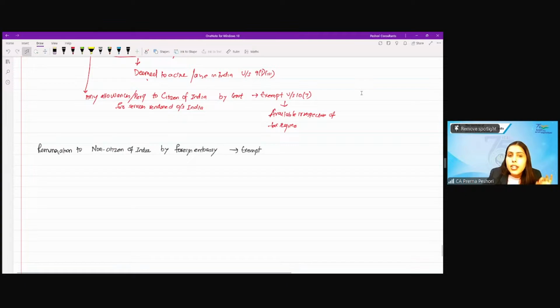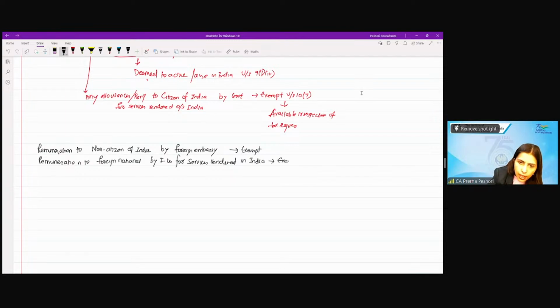Next one, remuneration received for services rendered in India by a foreign national employed by a foreign company. So, remuneration to a foreign national by a foreign company for services rendered in India.